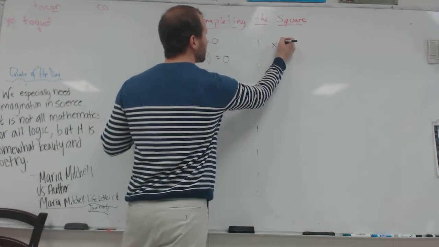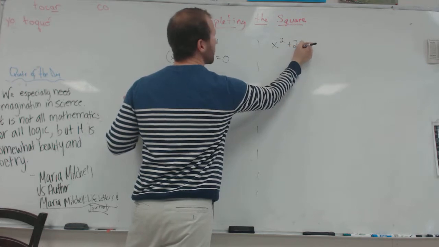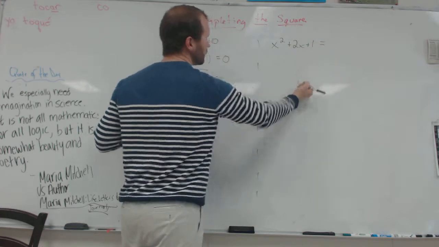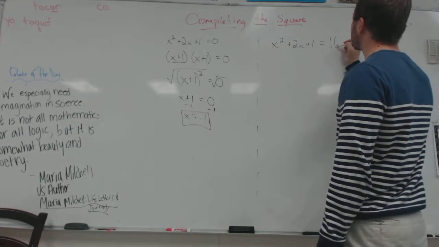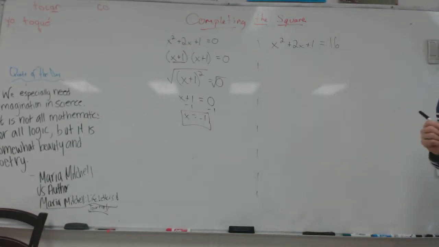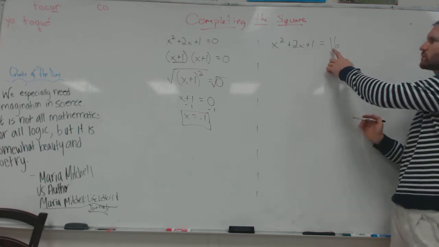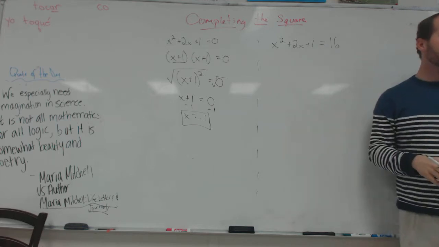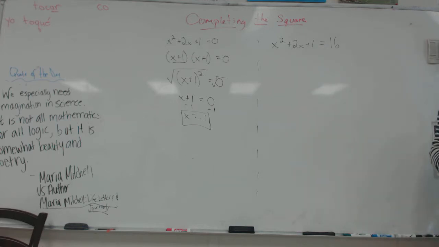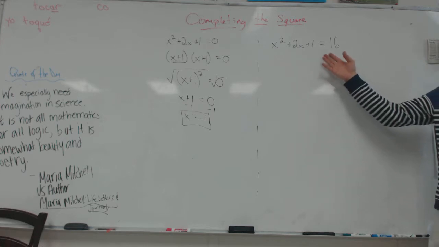What if I had something like this? x squared plus 2x plus 1 equals, I don't know, 16. Now, the way that we've been doing these, you would subtract the 16 over here and then factor. But wait a second. Isn't there an easier way to do this?